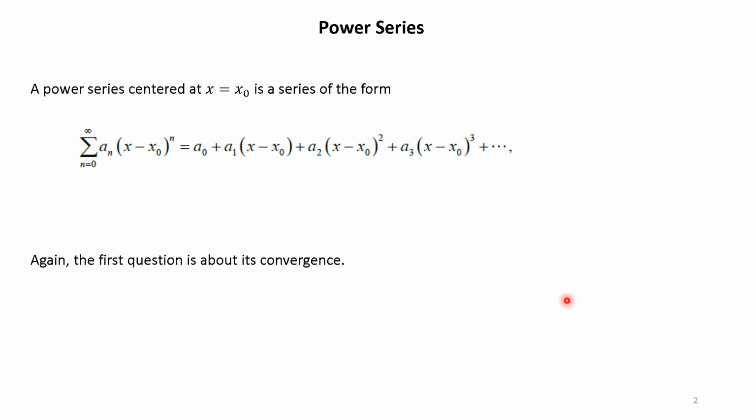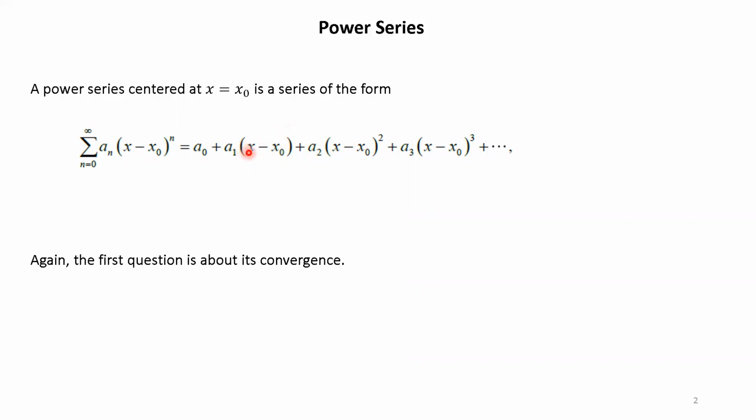A power series is always written in this form over here. Each term is a_n, which is a constant depending on n, times (x minus x naught) to the power n. It's called a power series because the term just goes like x to some power.